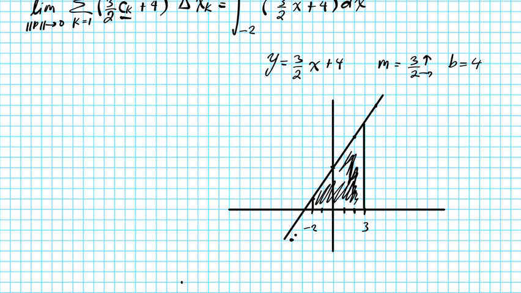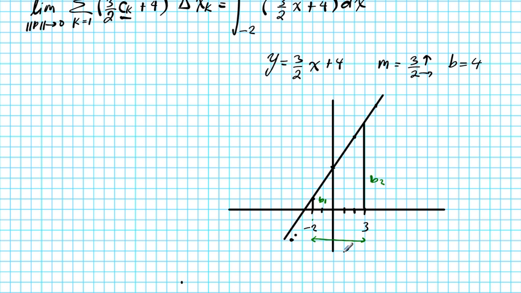Alright, so the shape I just showed to you, what kind of shape is that? This region that we're going to be considering is basically a trapezoid, right? So what is the area of a trapezoid using geometry? Let's call this B1 and B2, and let's call this, from here to here, the height.